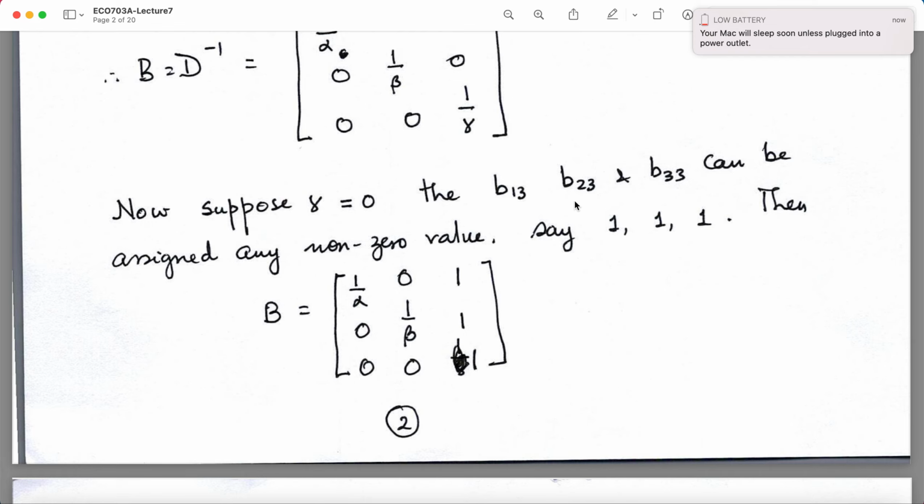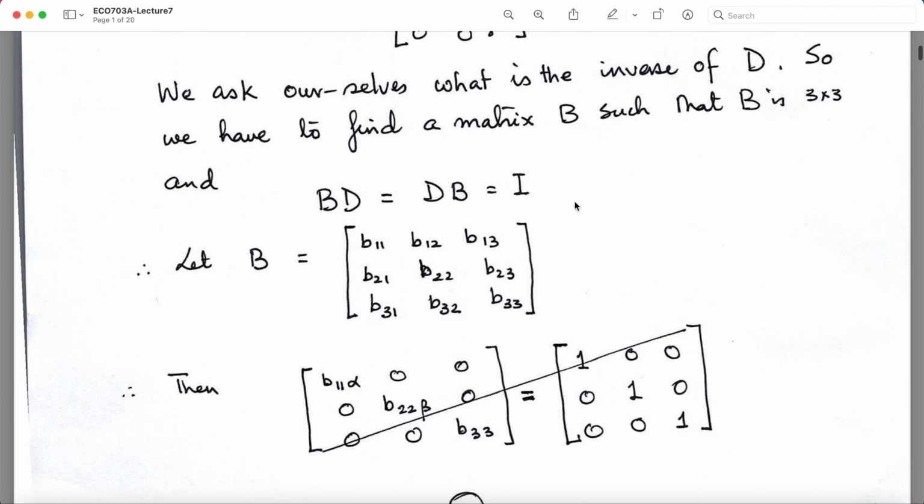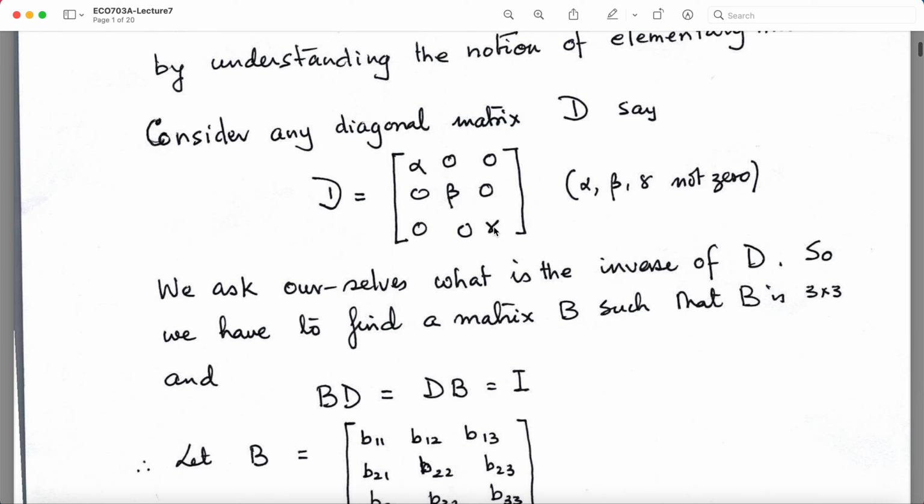Once I have put 0 here, the rank of this matrix D drops from 3 to 2. First, it was a full rank matrix because all the column vectors, and hence all the row vectors, of the square matrix were linearly independent. Here it is not, because one of the column vectors is 0, 0, 0, right?